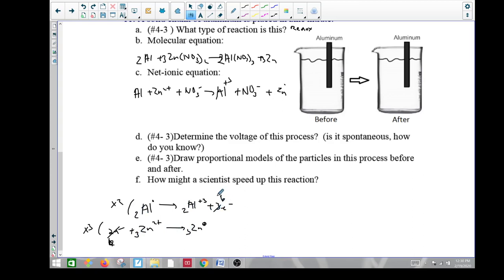That means my electrons have to cancel out on both sides, and I get my voltage on each one. Take a moment, check your voltages out.